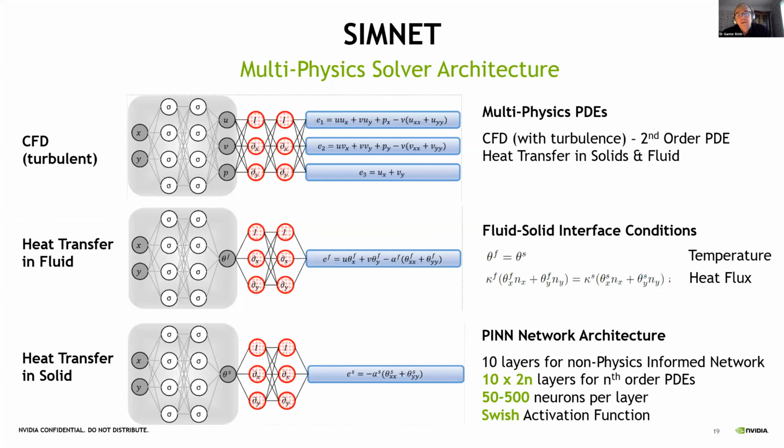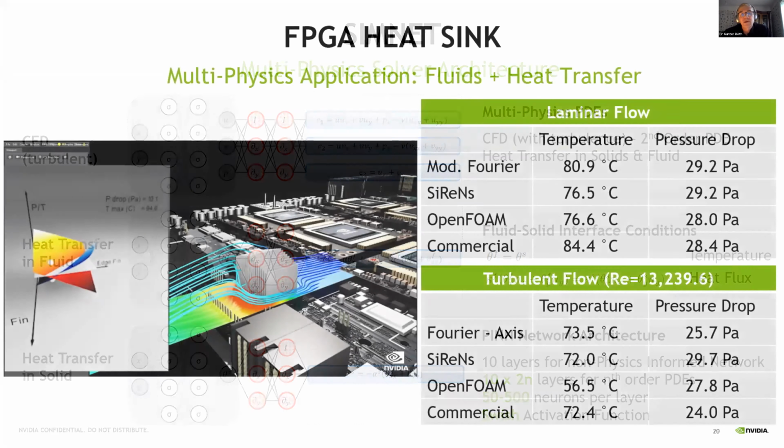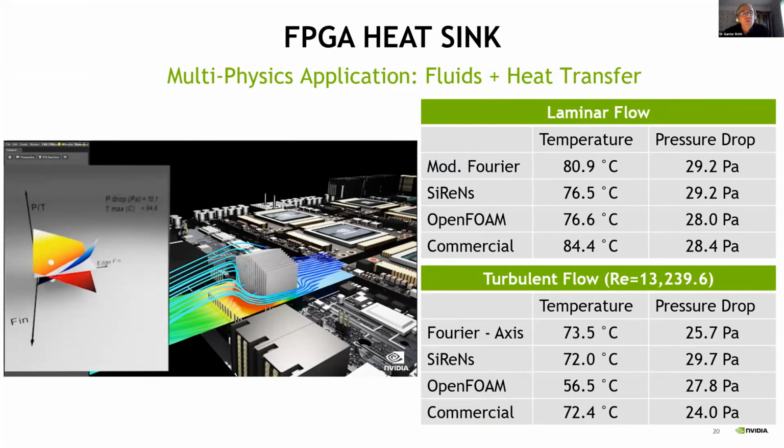Now we can run them to do the simulation and compare against the traditional solver that would have solved this. Here, for example, we see the heatsink with the airflow around it and the gradient drops and so on. What we see in laminar flow or in turbulent flow is that we get very close results to commercial software or to OpenFOAM.